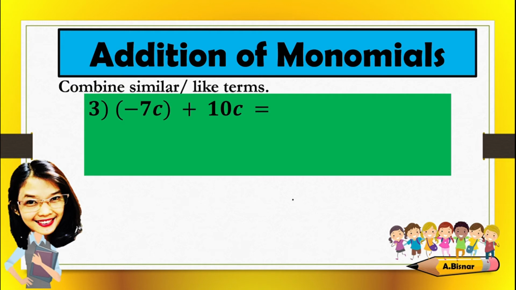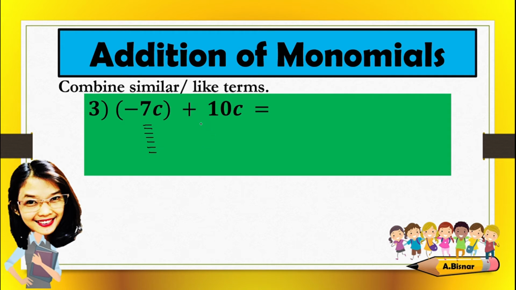For number 3, negative 7c plus 10c. So, since they are similar terms, then let's just combine them. So, we have 7 negative: 1, 2, 3, 4, 5, 6, 7.